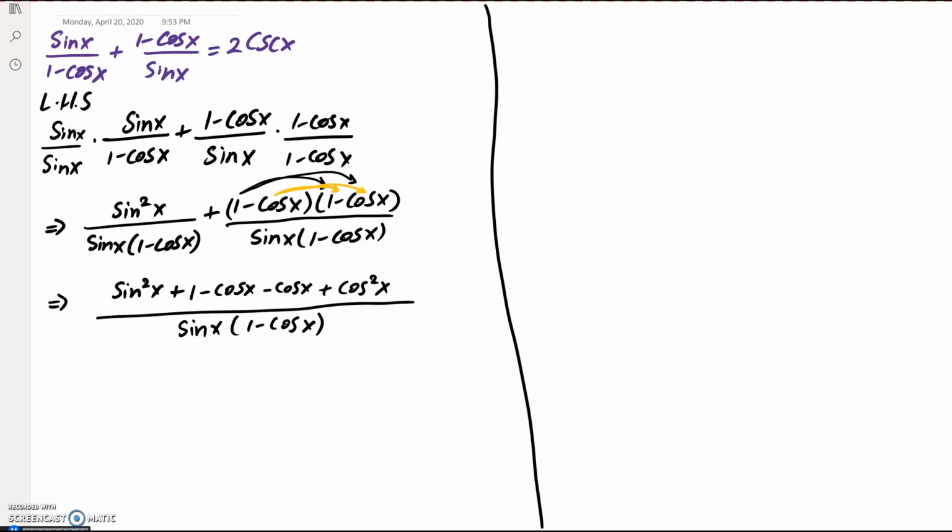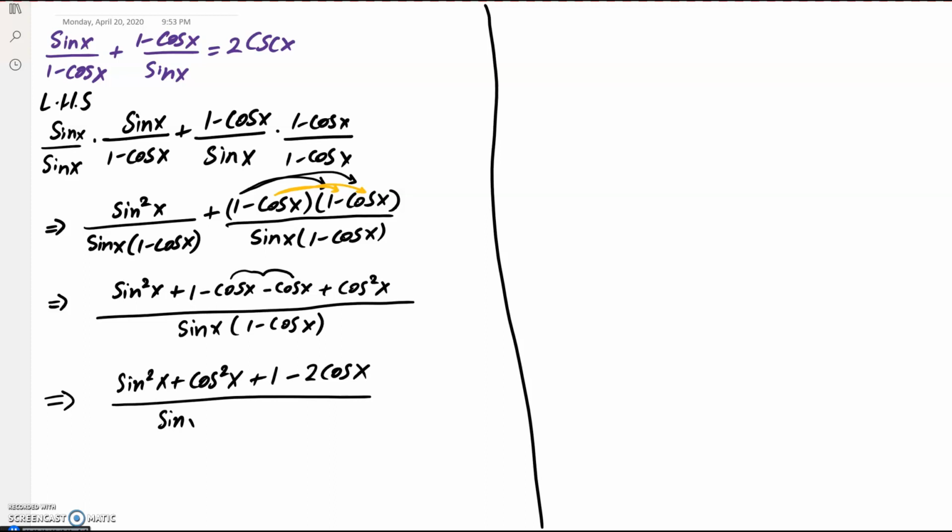Clear? Alright, now I am going to rearrange the numerator. Sine squared x plus cos squared x plus 1 minus cos x and minus cos x will become minus 2 cos x, over sine x times 1 minus cos x.